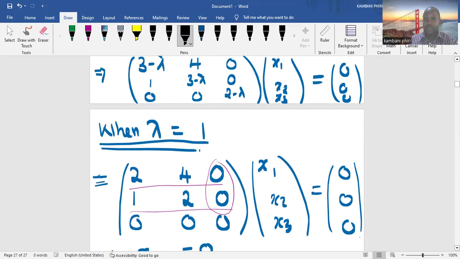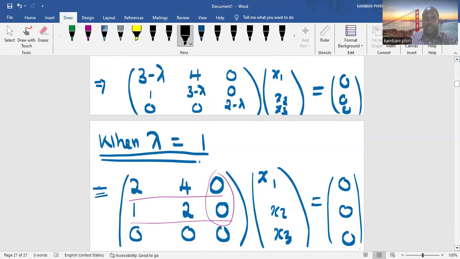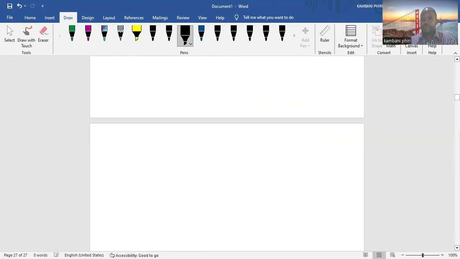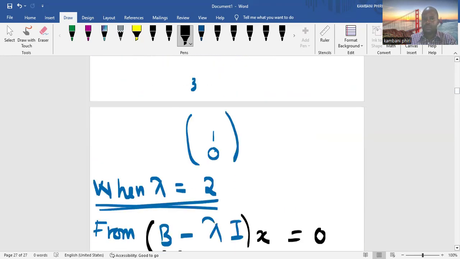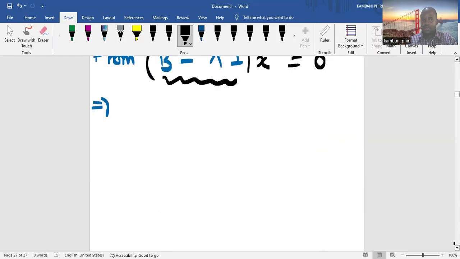Let's go back here. Here, if you put 2 rather here, we are going to have 1 here. Here there will be 4. Everything will not change apart from where there's lambda. So if I put 2 here there will be 1, and there will be 0. So what are we going to have?